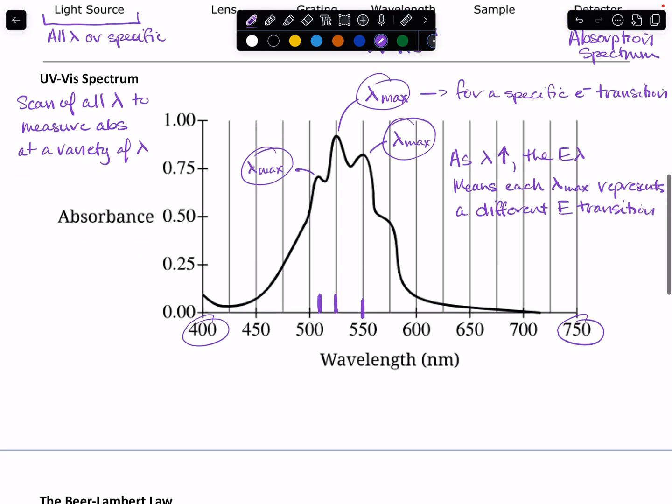All right, now, when we have these absorbance versus wavelength plots, we're really using it to find the lambda max for the sample. We can use that lambda max as an indicator of a particular element.